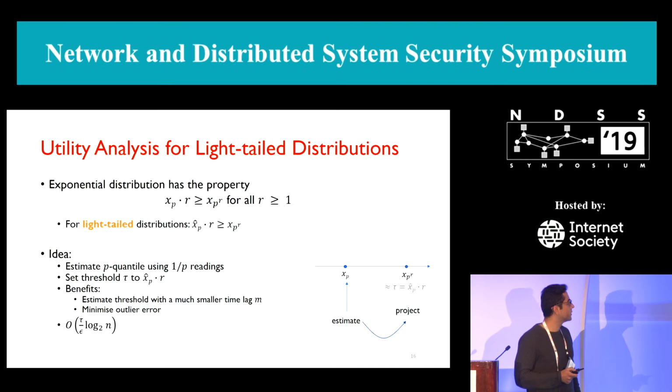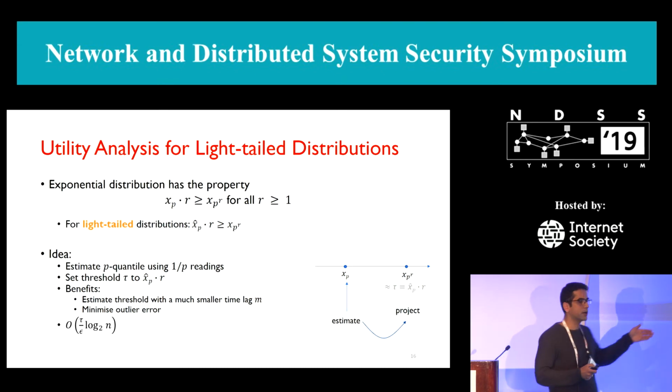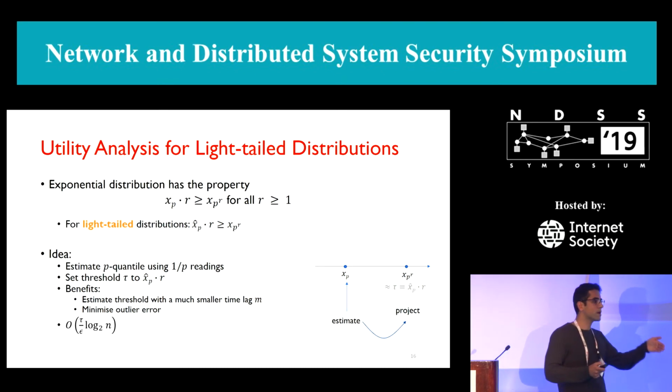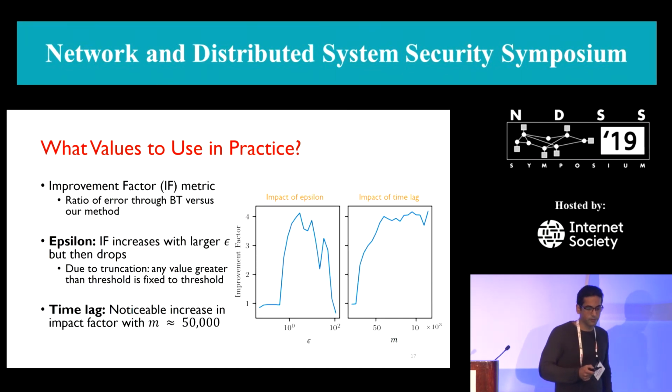And if the distribution is light-tailed, this means that we can estimate the p-Quantile, multiply that by that number r, and then set the threshold to the number that we obtained. Which means we can compute the p-Quantile with far less time lag m, and also minimize the outlier error. For details, you can look into the paper.